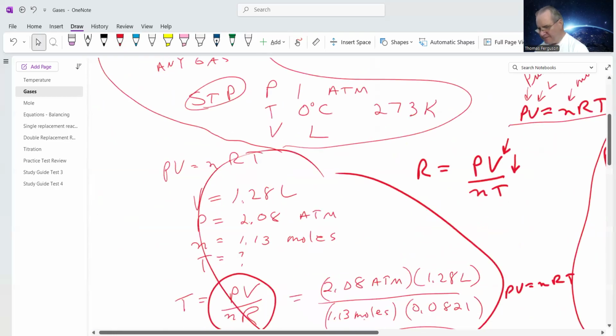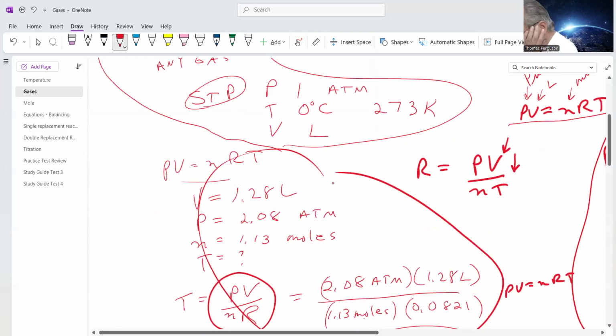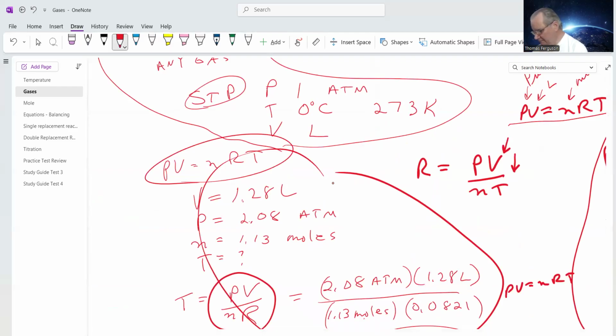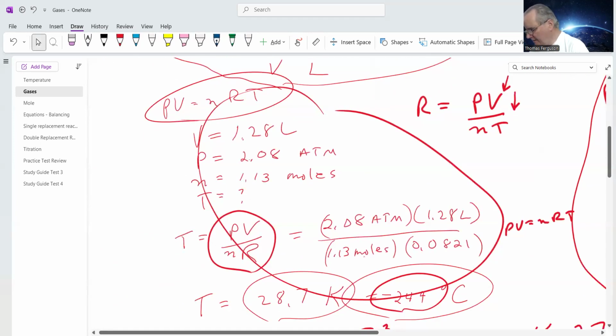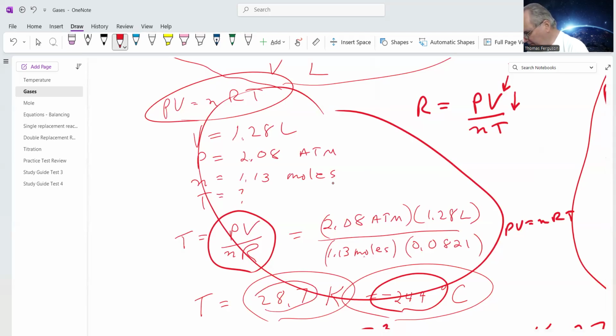And all we're doing is substituting into that equation. Like in this problem here, what's the temperature if we have a volume of 128, pressure of 2.08 atmospheres, moles, etc. You just plug it right into PV equals nRT, and you would come up with two answers. You come up with Kelvin, and you come up with centigrade or Celsius.